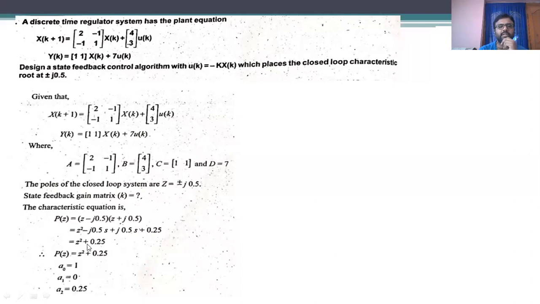Multiplying these two roots, we get the characteristic equation as z square plus 0.25.